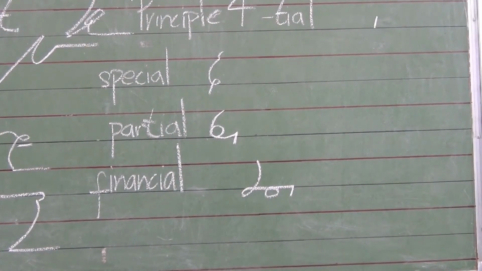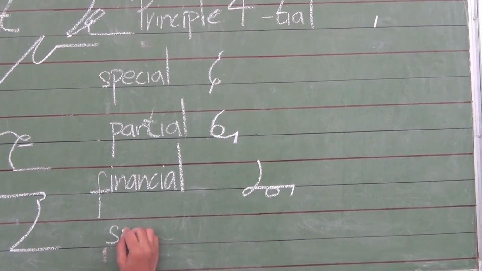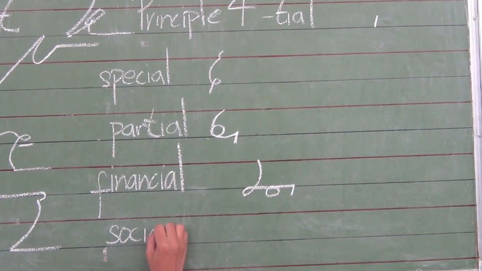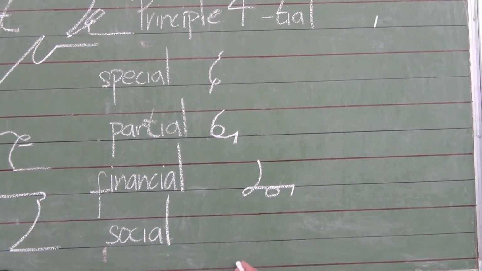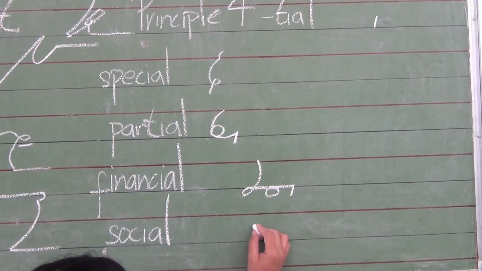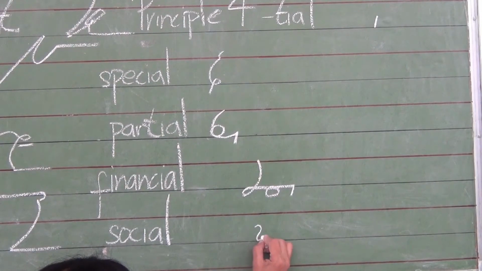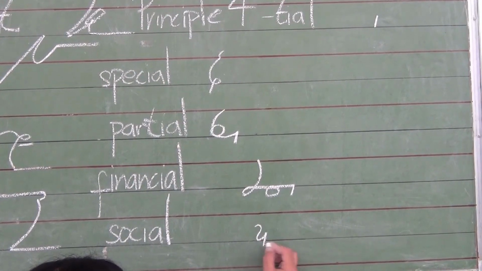Next, social. It is represented by left S, O, and each stroke.